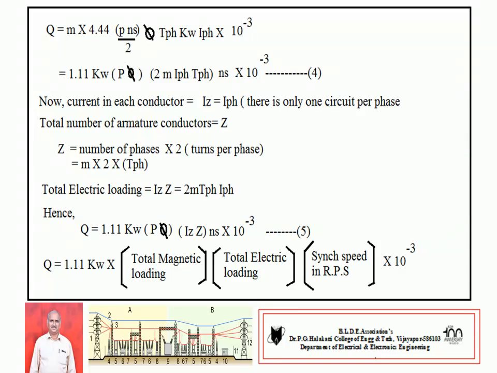Hence, finally, Q equals 1.1 K w P phi Iz into Z Ns into 10 to the power of minus 3. This becomes equation 5. 50% of the derivation is over. Then Q equals 1.1 K w, where P phi is the total magnetic loading, Iz into Z is the total electric loading, and Ns is the synchronous speed in RPS.